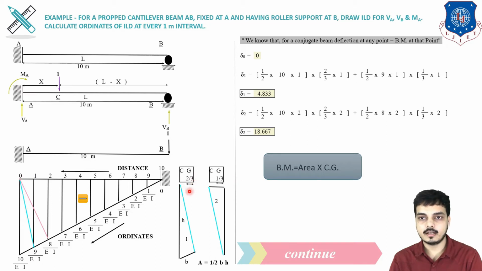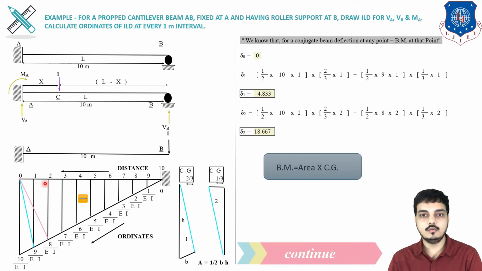Here I have made a reference, this red point is my point number 1. From there, 2/3 will be my CG, so the value becomes 2/3 of this total distance, which is 1. So our first triangle value is 1/2 into 10 into 1 into 2/3 of 1.